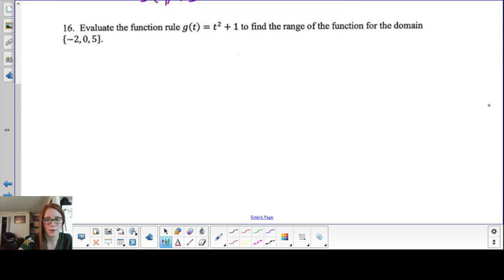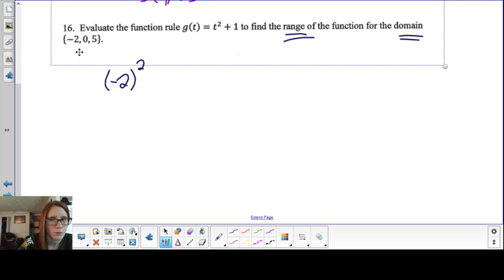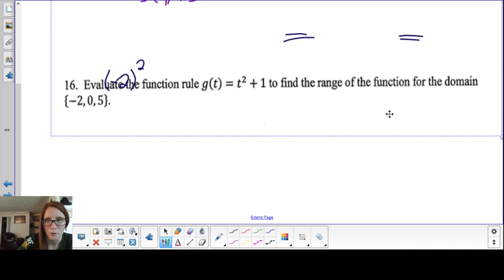All right, let's take a look at this one together. Same idea. We're asked to find the range given the domain. So I'm going to plug in negative 2. So I have negative 2, quantity squared, because I always put my parentheses. I'm going to blow this up really big.